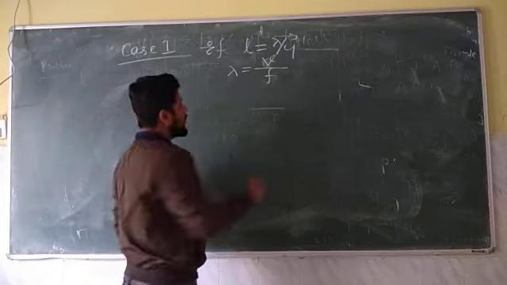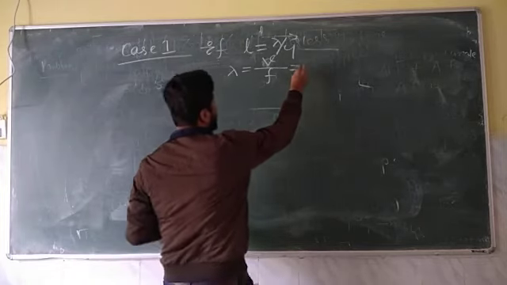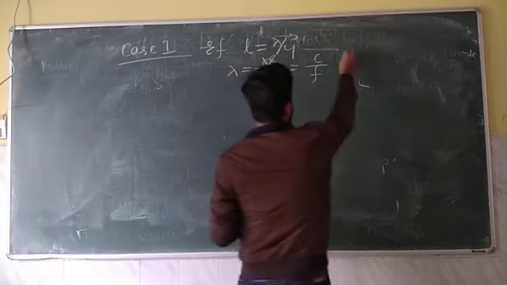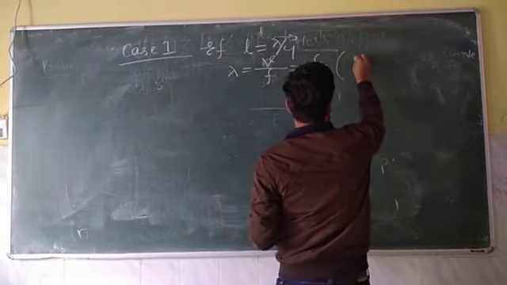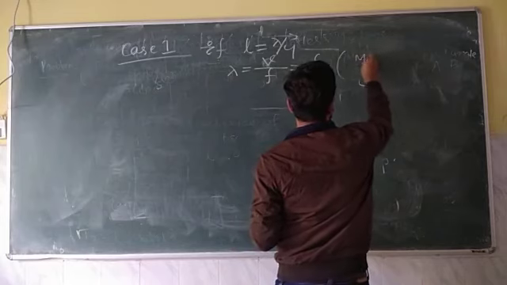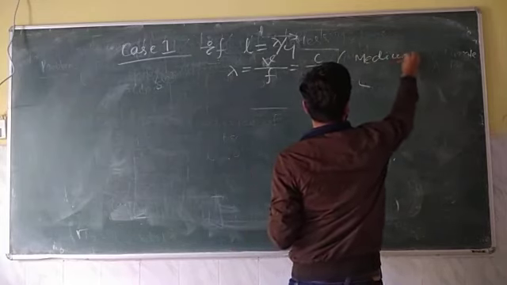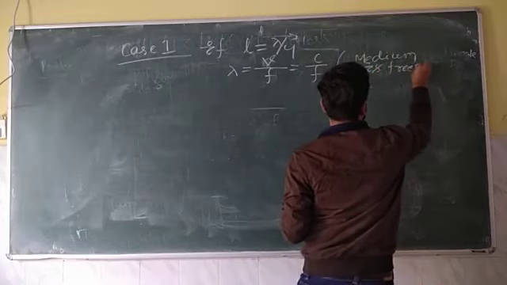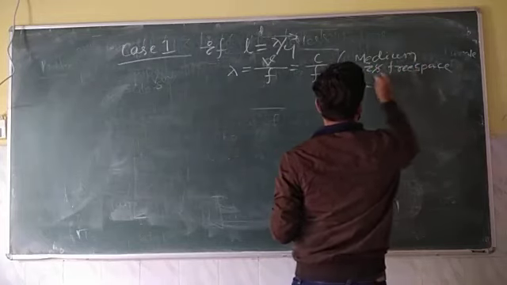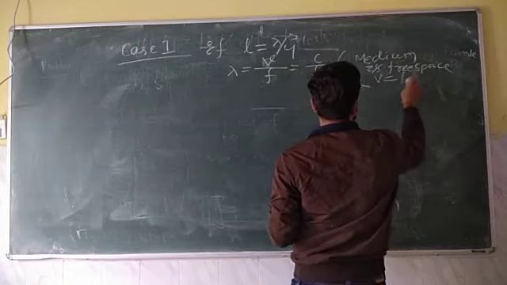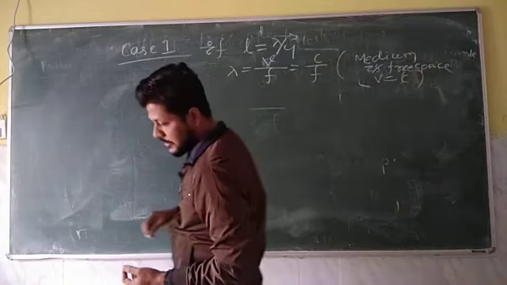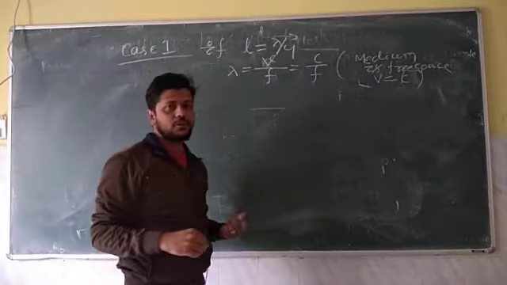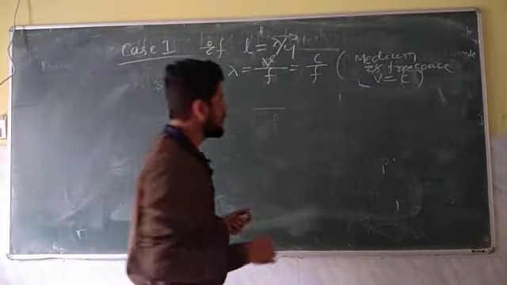If it is free space, then V is equal to C, where C is the velocity of light. For any other medium, V is equal to C by root over epsilon r.